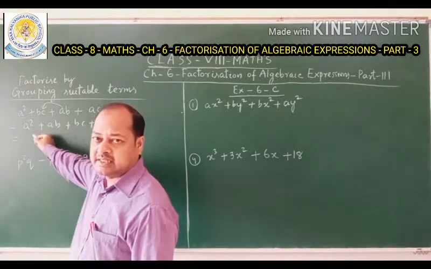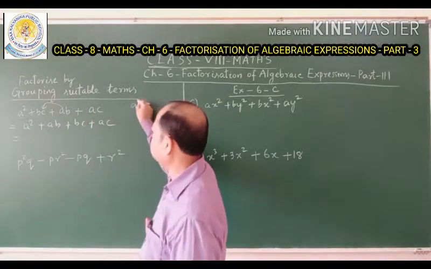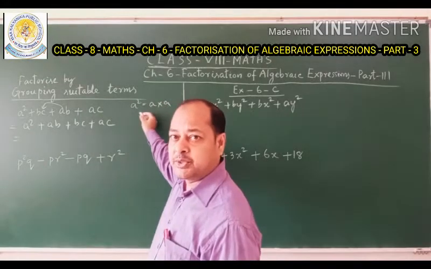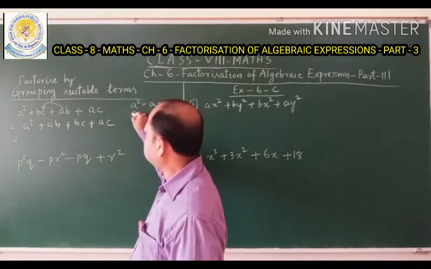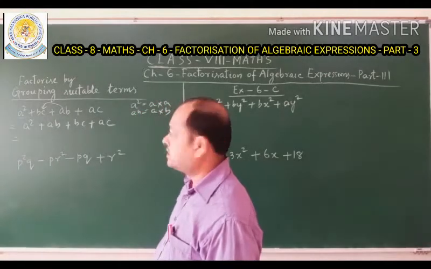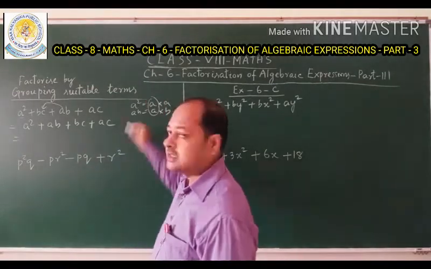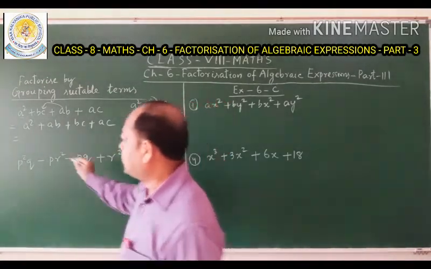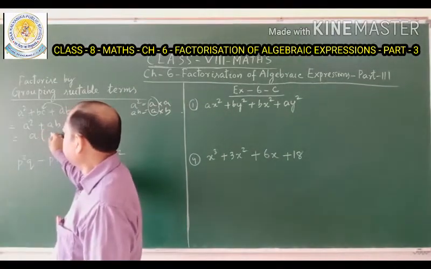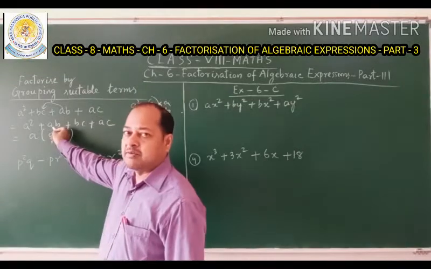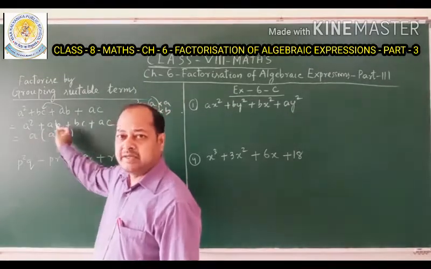That is a, because a square consists of a into a, and ab consists of a into b. In both cases a is present, so a is the common factor. So write a into (a plus b), because from ab, if a is common, then b is left.